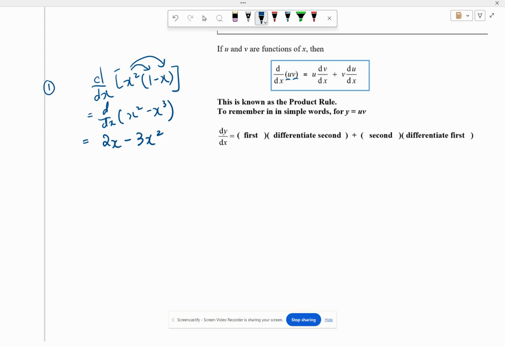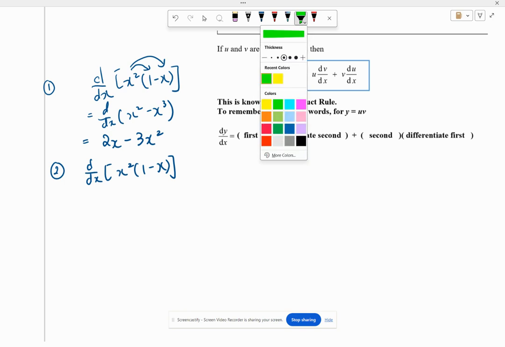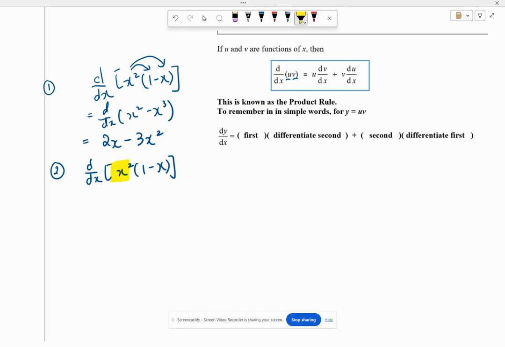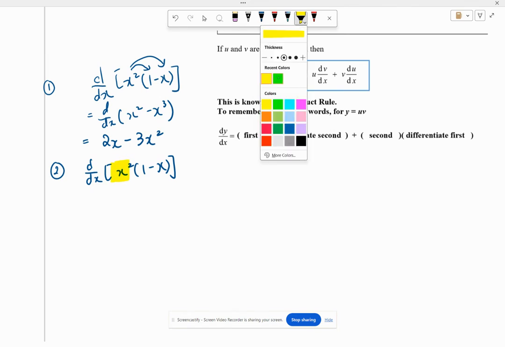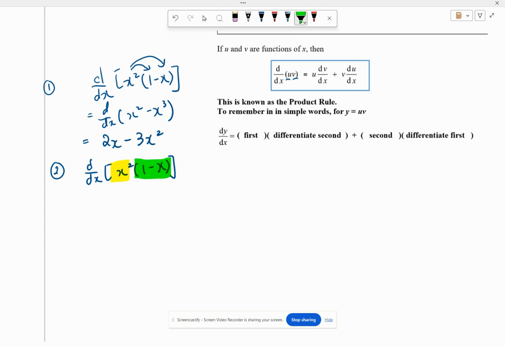So let's say right now again, we do the same one, and we apply product rule. So when I say apply product rule, we are looking out for two terms, u times v, whereby both u and v are functions of x, that is, they contain x inside.